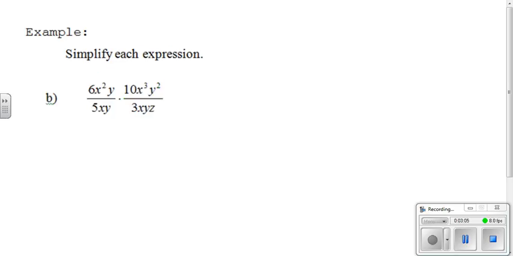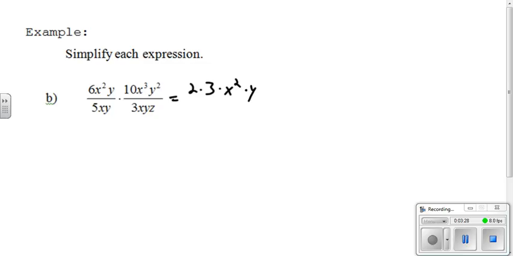Okay, let's say we wanted to try the prime factorization version. So we would break this down into 6 becomes 2 times 3 times x squared. The variables will probably be easier to keep as powers of the variable.